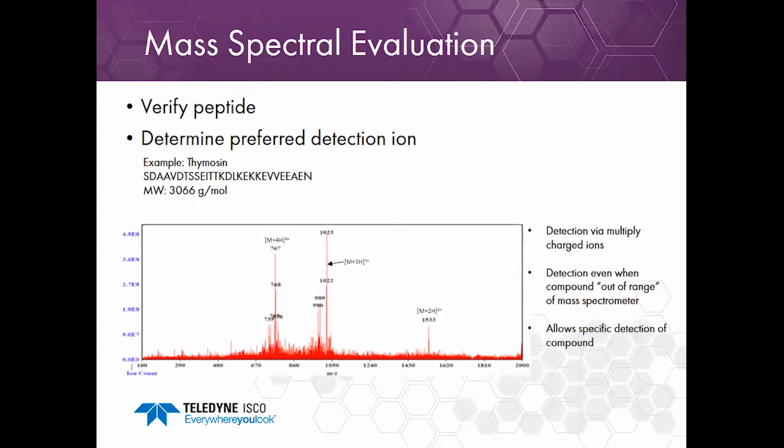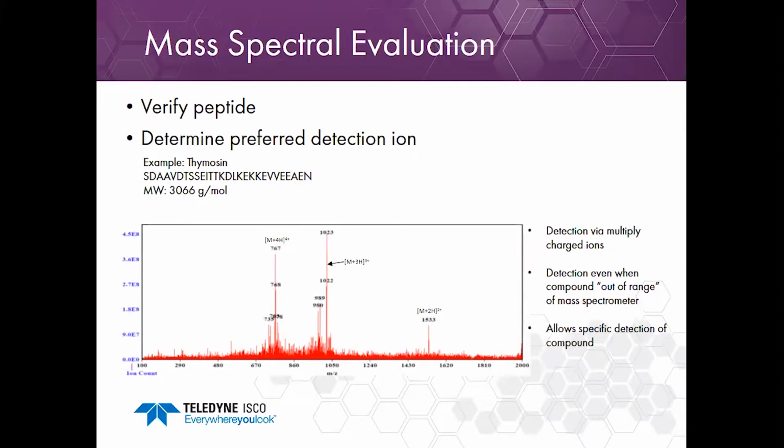So mass spectral evaluation is used to verify the peptide. On our systems, we have MS method development that allows you to do an injection and verify that you see the compound that you're interested in purifying. It lets you also adjust the settings and choose the best ion settings.